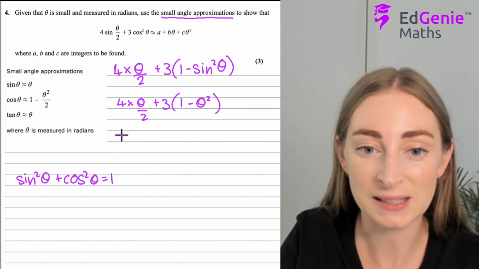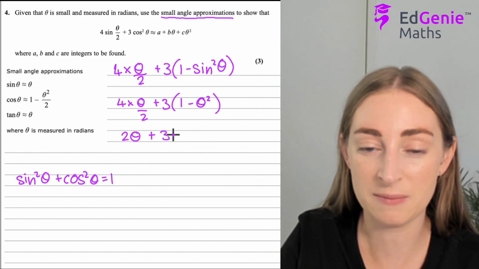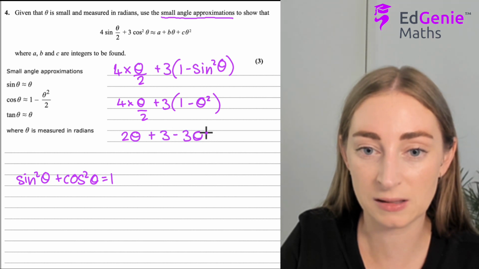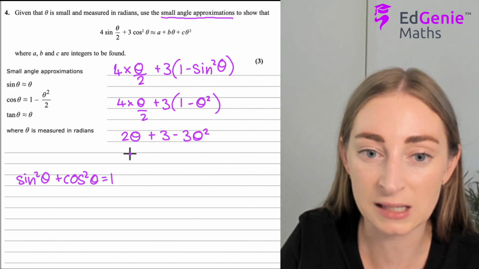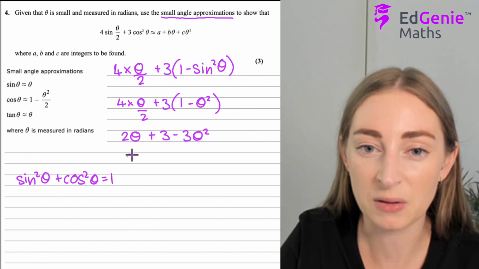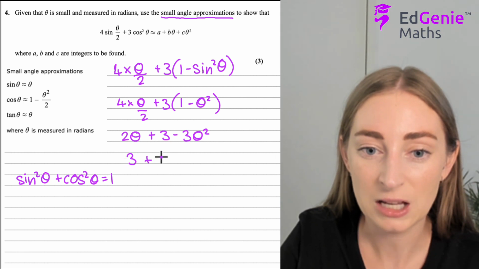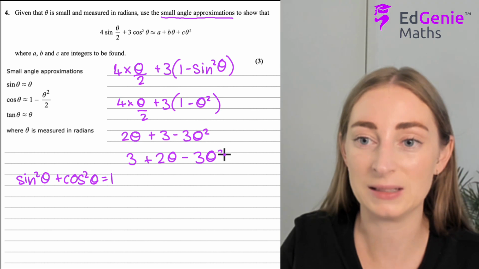Multiply this out. This is going to be 2 theta plus 3 minus 3 theta squared. And actually, that's already the answer, isn't it? So let's just rearrange it so we can see what A, B, and C are. It's going to be 3 plus 2 theta minus 3 theta squared.